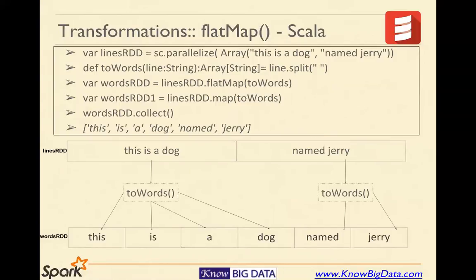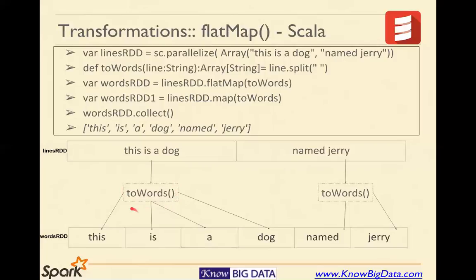All right. Now, there's something new here called flat map. Flat map converts a single record, like the lines RDD has two, this line and this line, and the words step returned an array by splitting each line, right?